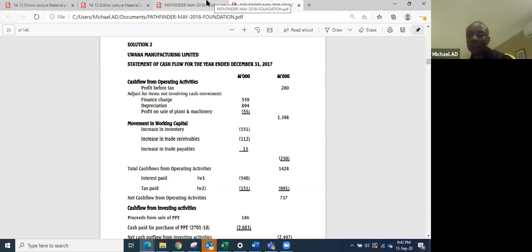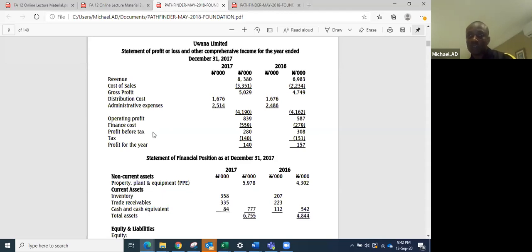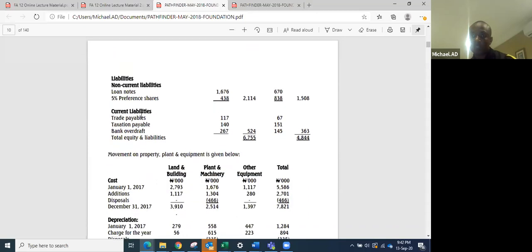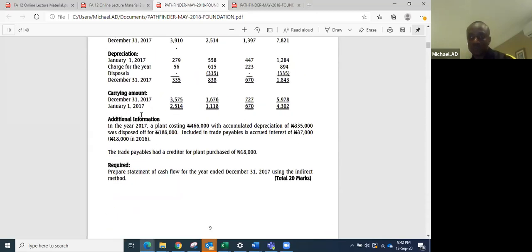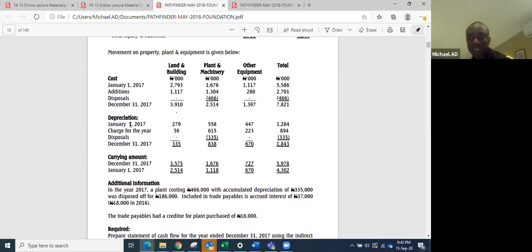For example, we also have your depreciation. Does our question state anything concerning depreciation? In the year, plant costing 466 with accumulated depreciation of 335,000 was disposed of, including trade payable. Okay. So we have depreciation charged for the year.